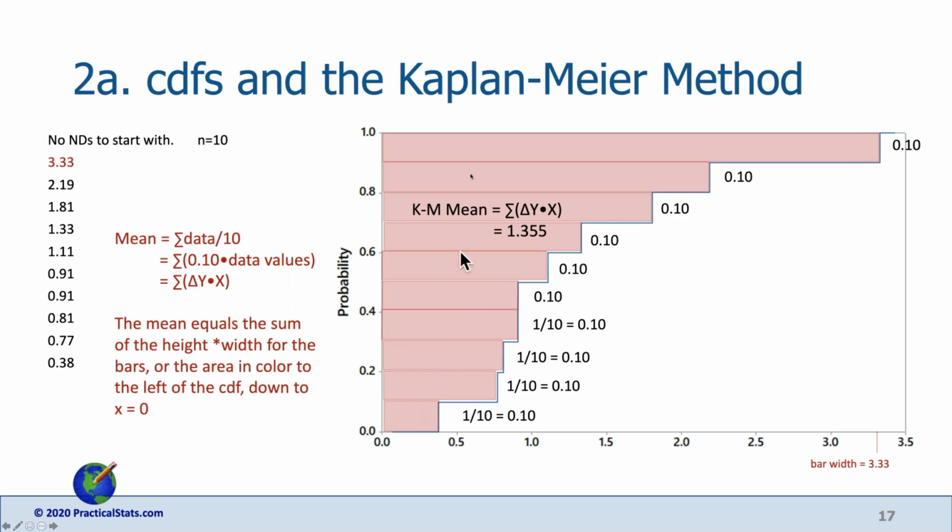So if you sum up all of these areas, you're taking the value for the value of y. In this case, it's 0.38. The next one is 0.77, then 0.81. These are the same numbers as over here on the left. And the vertical distance is 0.1 in every case. So it turns out to be the same as summing up all of the data and dividing by n, which is what the mean is. So that's a value of 1.355 for this data set. That's not the same as the Ontario data set.